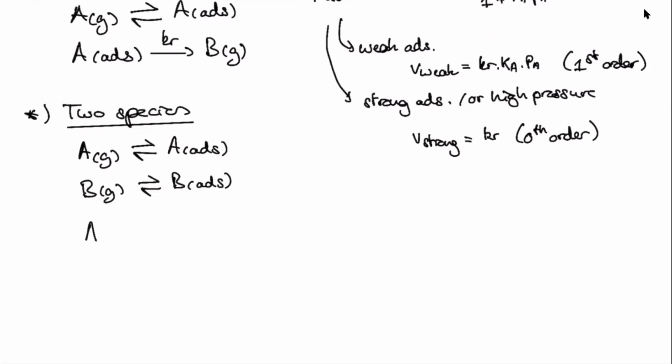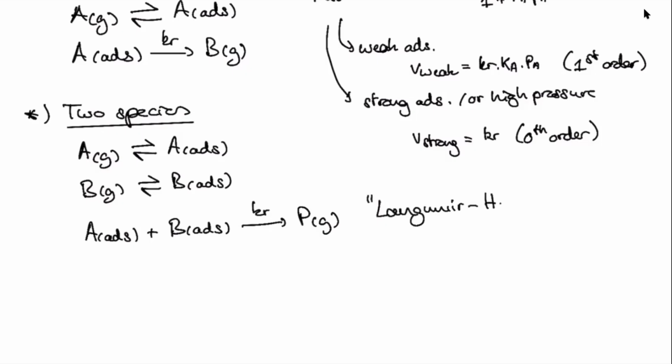And we have A adsorbed that reacts with B adsorbed. That goes to a product in the gas phase. So this one is called the Langmuir-Hinshelwood model.